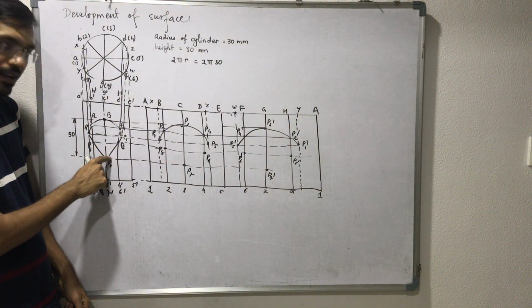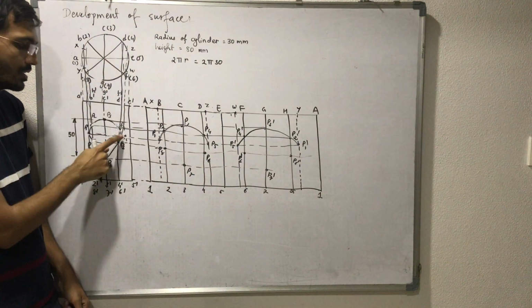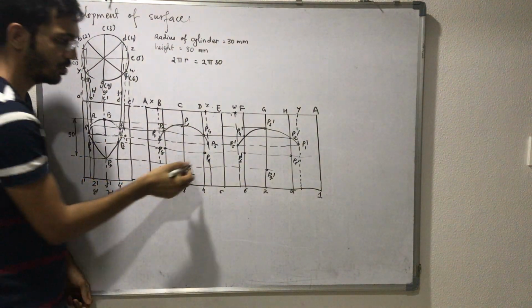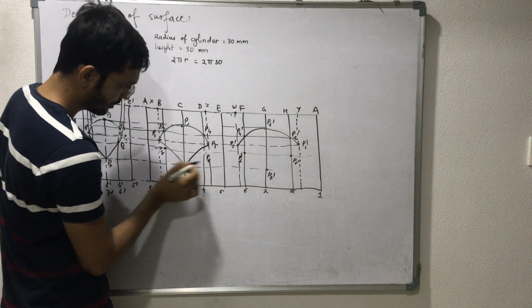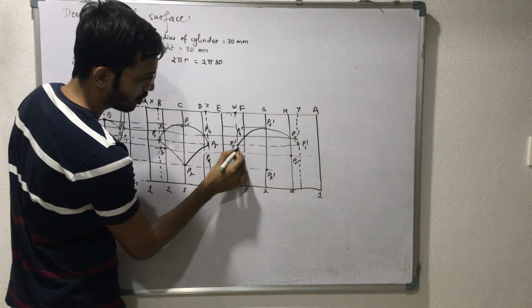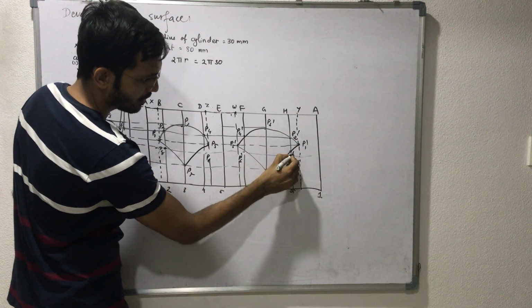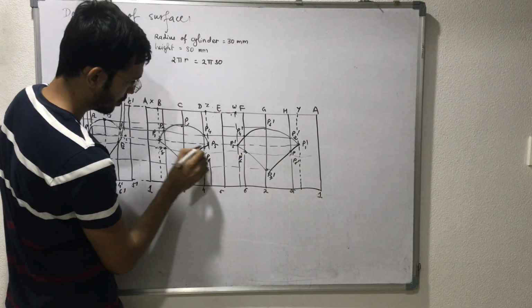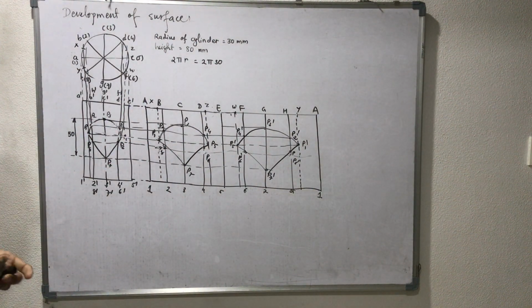Now here it is a line and the surface is a curved surface. A curved surface, when cut by a line, is again a curve. So that is actually like this. When you join all these points, you can see it passes through all of them, and here is the development of this given cylindrical object.